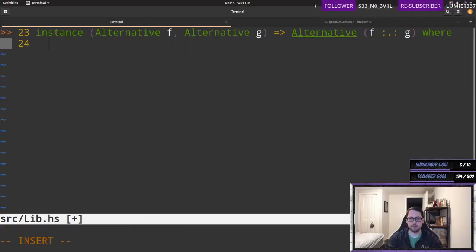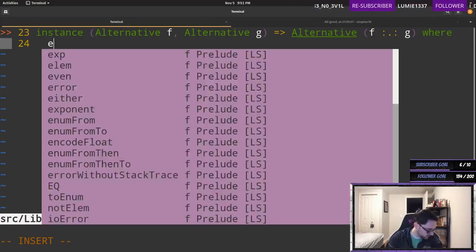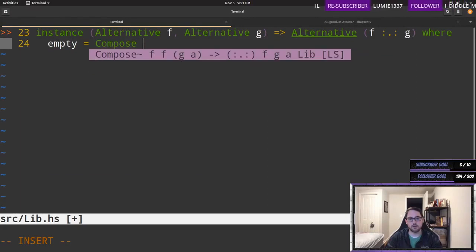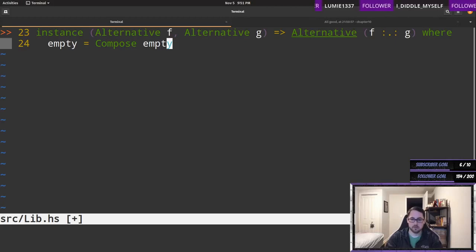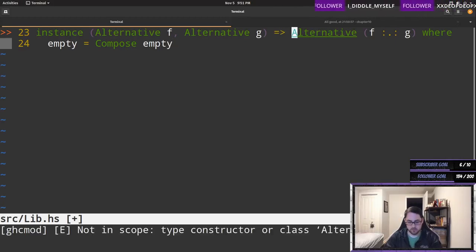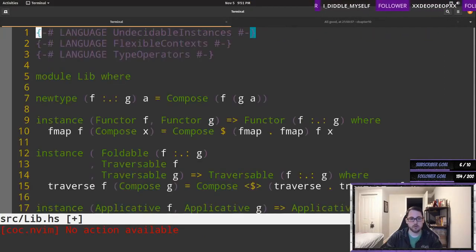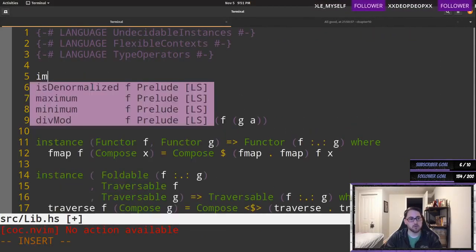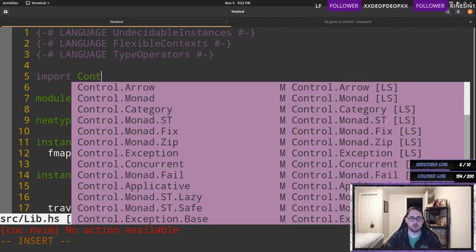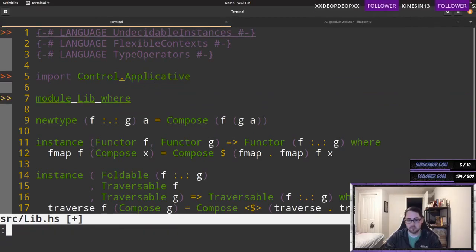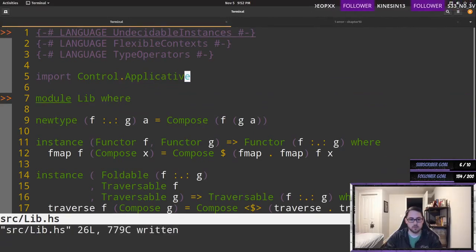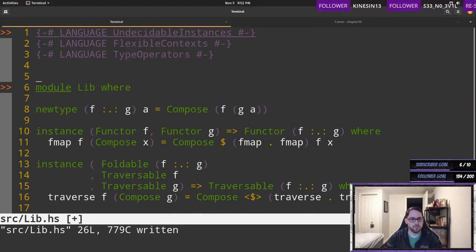What's up, crazy kitties? So empty. So I think this comes from Control.Applicative. Oh, dir.